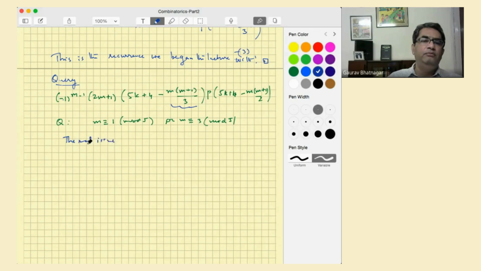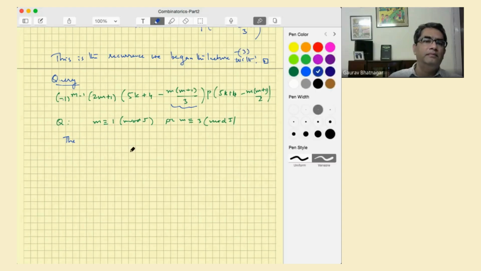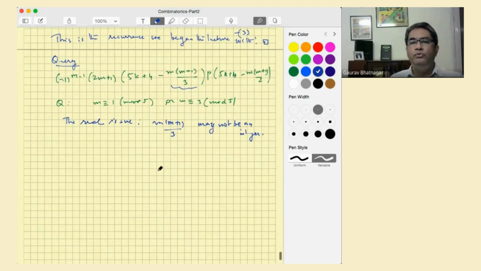The real issue in the proof is that m into m plus 1 over 3 may not be an integer. So two things basically I realized when I tried to resolve this.